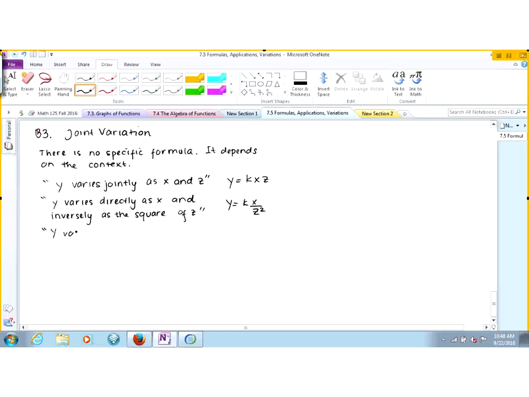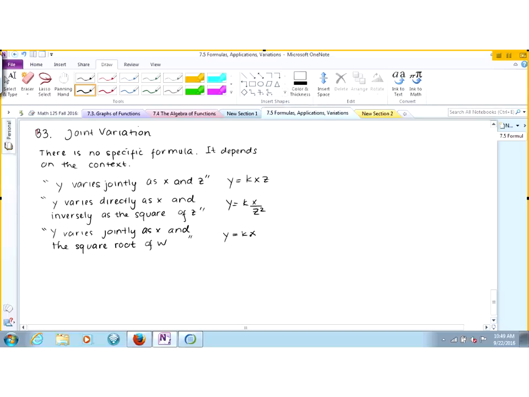Or you could say y varies jointly as x and the square root of w. So if there is no mention of inverse, everything is on top. How do you write this? Y is equal to what?